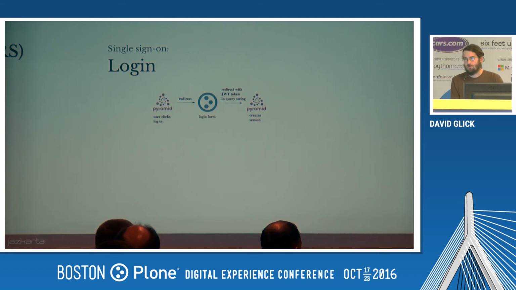If you're not logged into Plone yet, we let you log in, and then we determine if you came from VMS, and if so, we create this JWT token, which is basically some JSON that describes who the user is, signed with a secret. When Pyramid gets that, it can verify the secret, know that it came from Plone, and create its own session for this user so that they can be logged in to VMS.